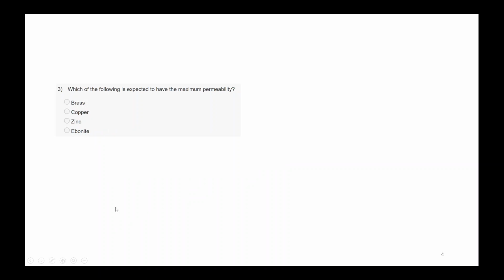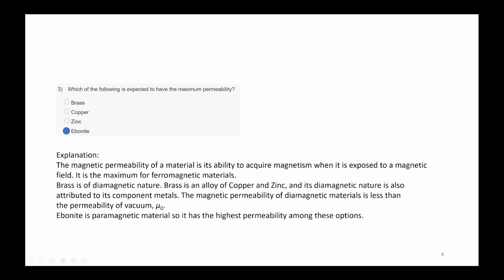Now moving to question number 3, which of the following is expected to have a maximum permeability? Your options are brass, copper, zinc, and ebonite. The answer will be ebonite, and we can explain this by saying that the magnetic permeability of a material is its ability to acquire magnetism when it is exposed to a magnetic field, and it is the maximum for ferromagnetic materials.